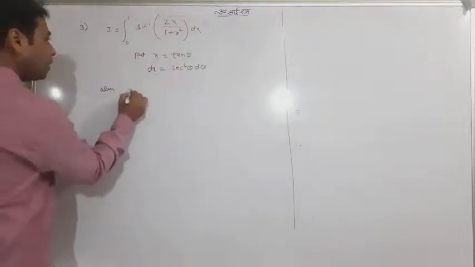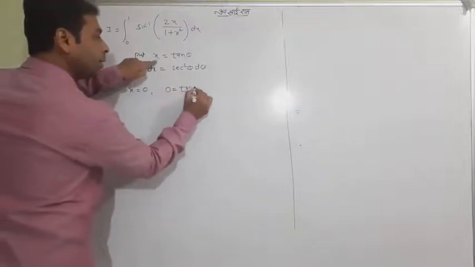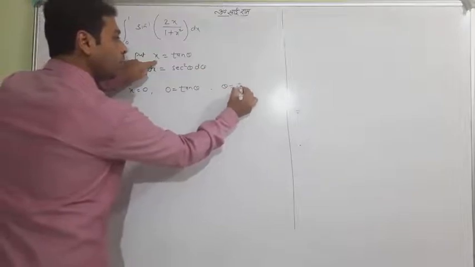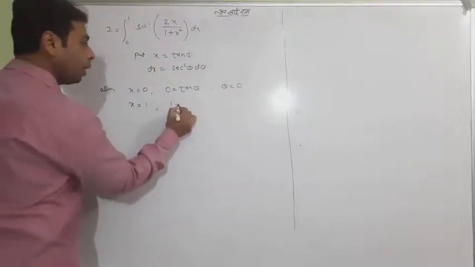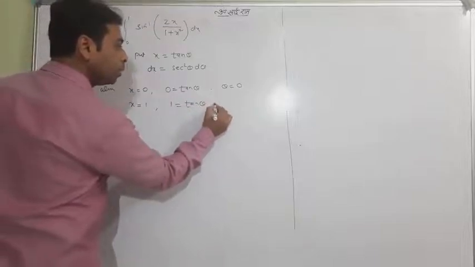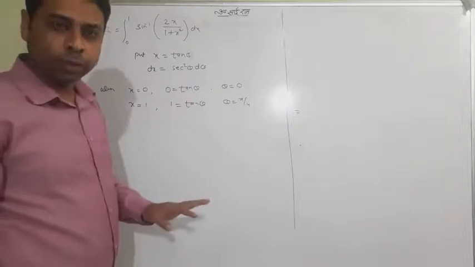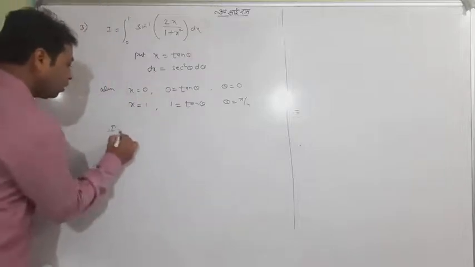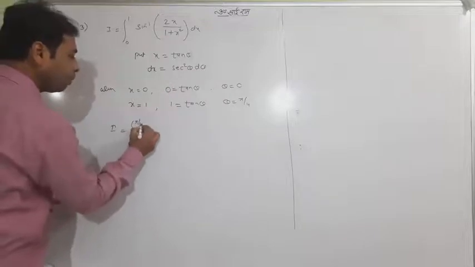When x equal to 0, this is going to be 0 equal to tan theta, meaning theta equal to what degree? 0. And when x equal to 1 equal to tan theta, theta is going to be 45. So these two things are very easy for one and all. Now we can change the limit: 0 to pi by 4.